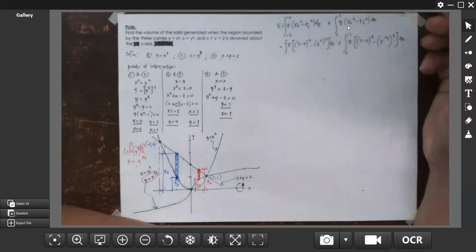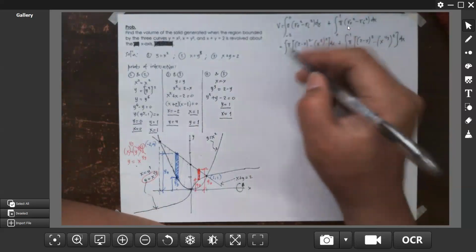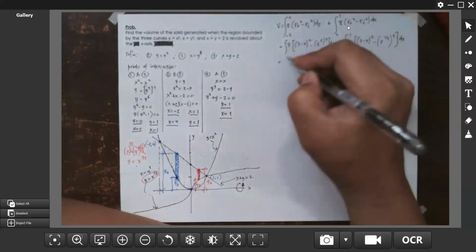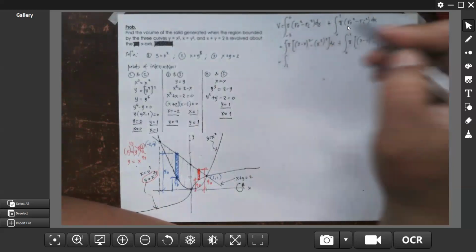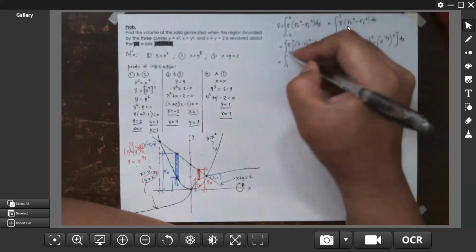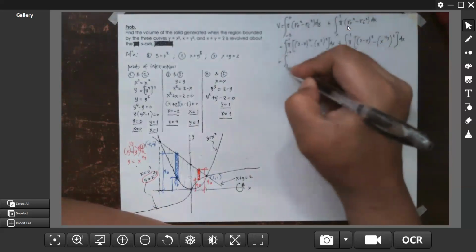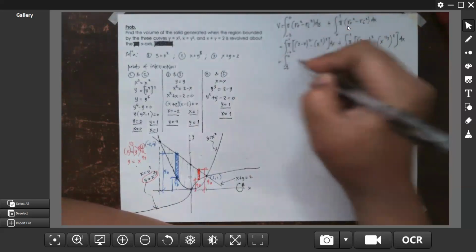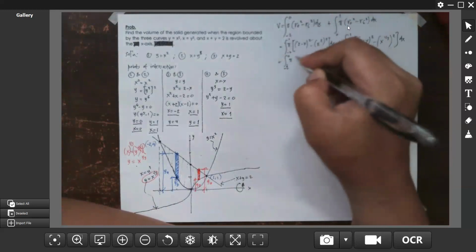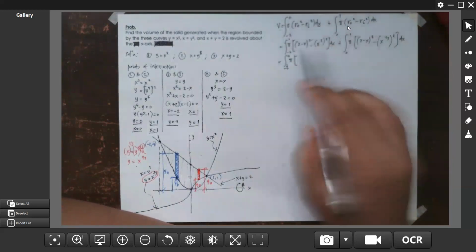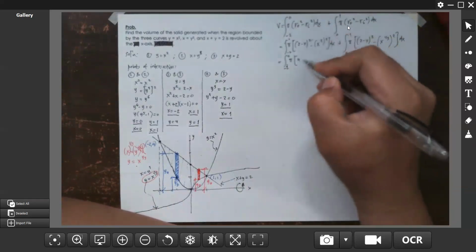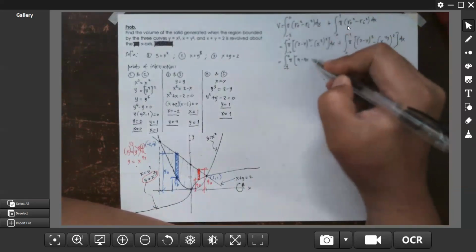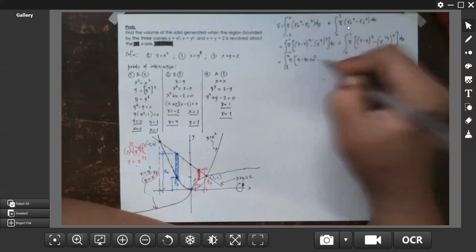So, we can simplify: the integral from -2 to 0 of pi, and then expand. You have the expansion of 2 minus x squared, which is 4 minus 4x plus x squared.